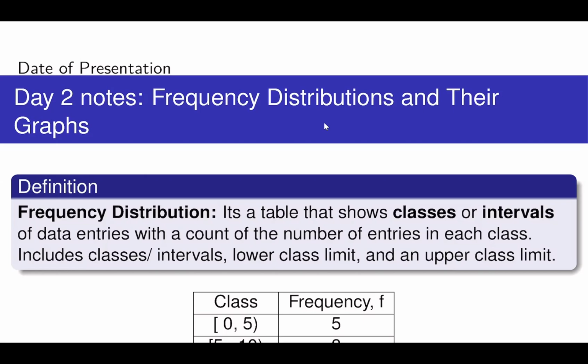For this one, we're going to do a frequency distribution. A frequency distribution is a table that shows classes or the intervals of data entry with a count of the number of entries in each class. It includes class interval, lower class limit, and upper class limit. First thing we're going to go over is class.